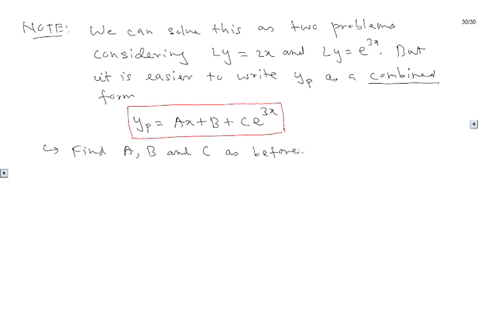Okay, it's the same thing. And then you can see that there are three linearly independent terms there. So we can equate coefficients of e to the 3x, x, and the constant term.